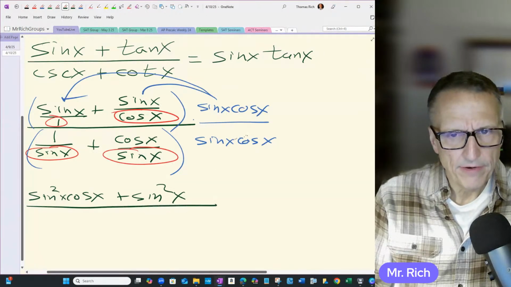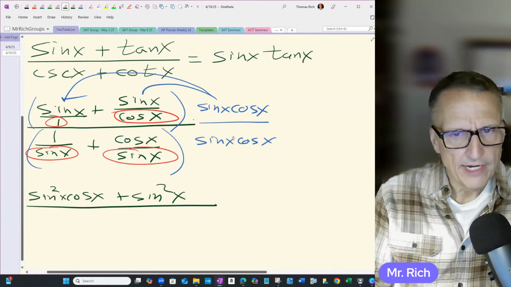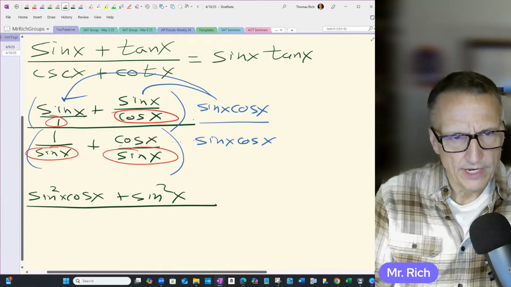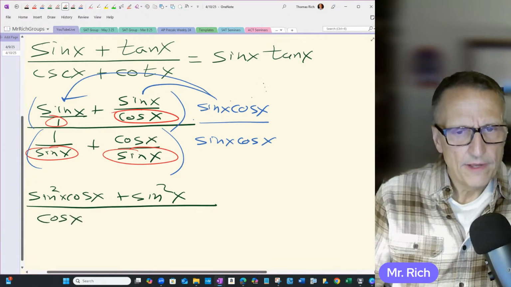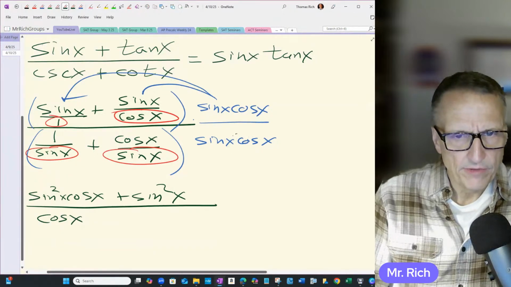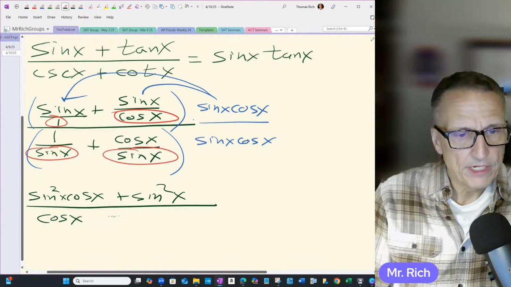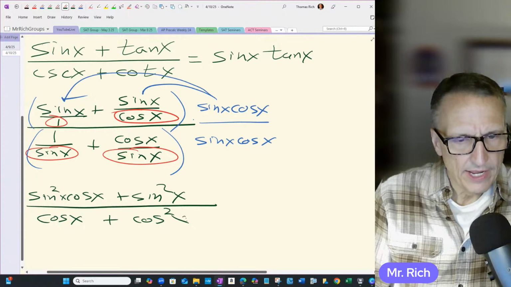Similarly, in the denominator, distributing here, the sine x's will cancel out and divide out, leaving me just cosine x. And then here, the sine x's will divide out, and so cosine over sine times sine cosine gives me a positive cosine squared x.